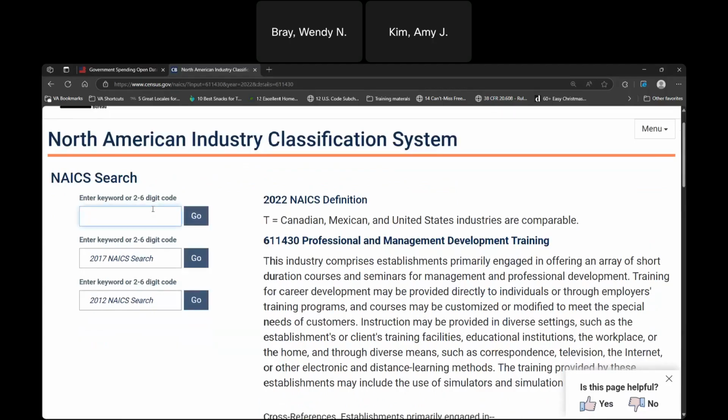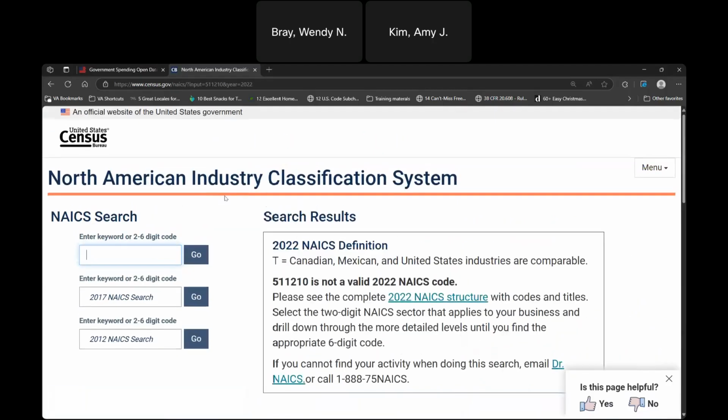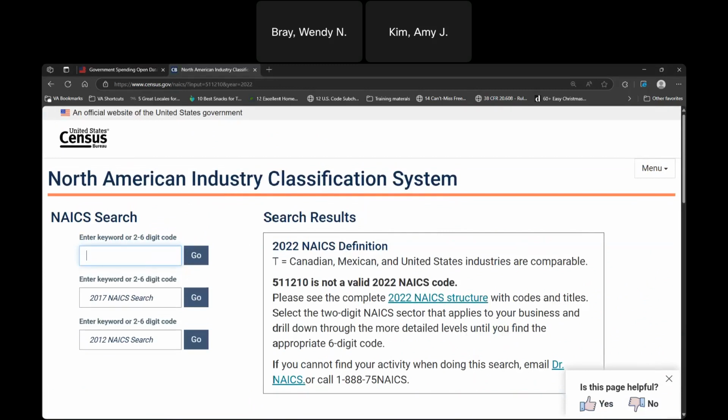And so for 511210, or let me make sure, did I read that correctly, Amy? I think when I'm sharing my screen, I can't really see the Q&A anymore. Yes, it said 511210, but that may have been in a 2017 NAICS code.